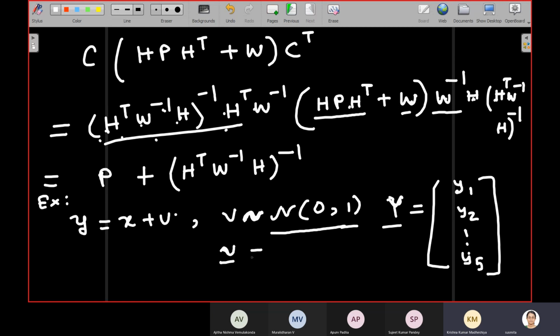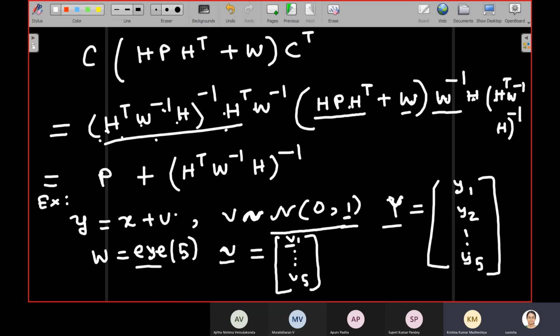V will be a vector and it has 5 elements, v1 up to v5. How is the corresponding covariance? Each of these elements will have variance 1. So the corresponding covariance matrix is basically an identity matrix of size 5. It's a 5 by 5 identity matrix. I wrote eye for identity, that's the MATLAB command for the identity matrix.